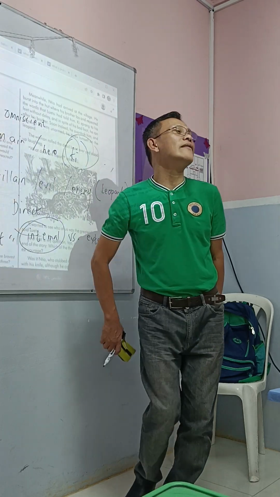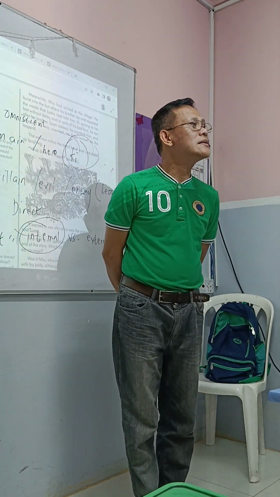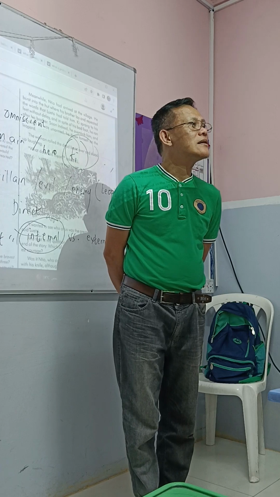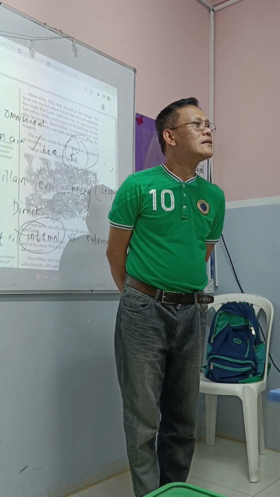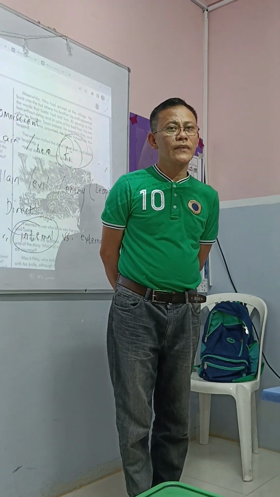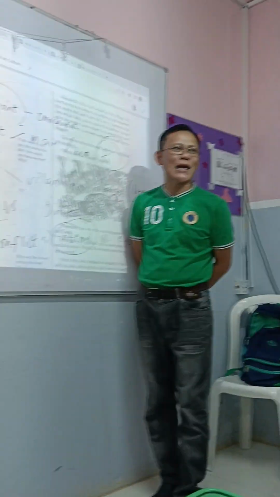I'll read it again. Daphne, yes. Man versus man, man versus society, man versus supernatural, man versus technology, man versus nature, man versus fate, and man versus self. All right. Very good. You gave me all the seven types of conflict.